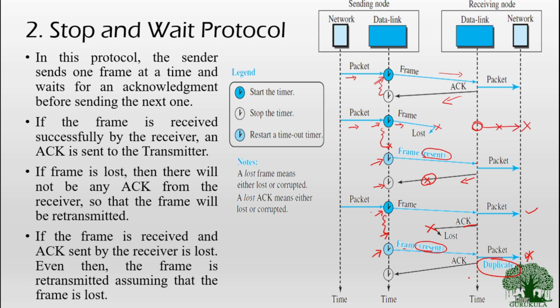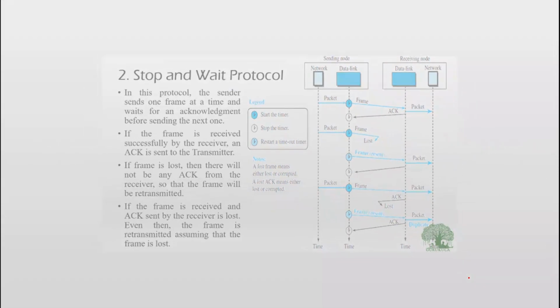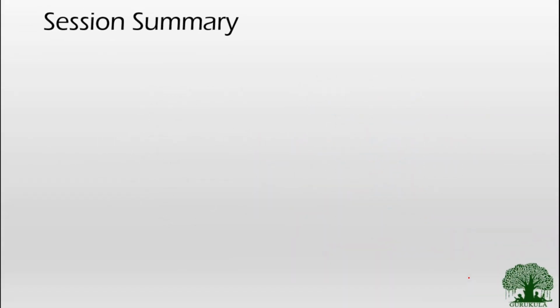So we have the sliding window protocols, where as per the concept we send multiple frames at a time, and only one acknowledgement is sent from the receiver acknowledging the whole set of frames, so the acknowledgement is faster and the transmission also happens at a much faster rate. This is the key difference between the stop and wait protocol and the sliding window protocols. That's the topic we wanted to discuss in this video.